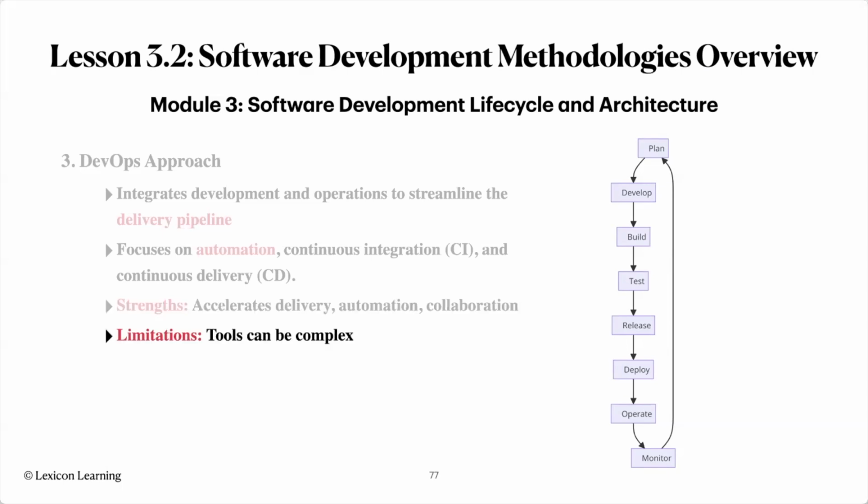The limitations are it requires cultural and technical transformation. Tools can be complex sometimes for this DevOps approach. And this is best for large scale systems with frequent updates and deployments.